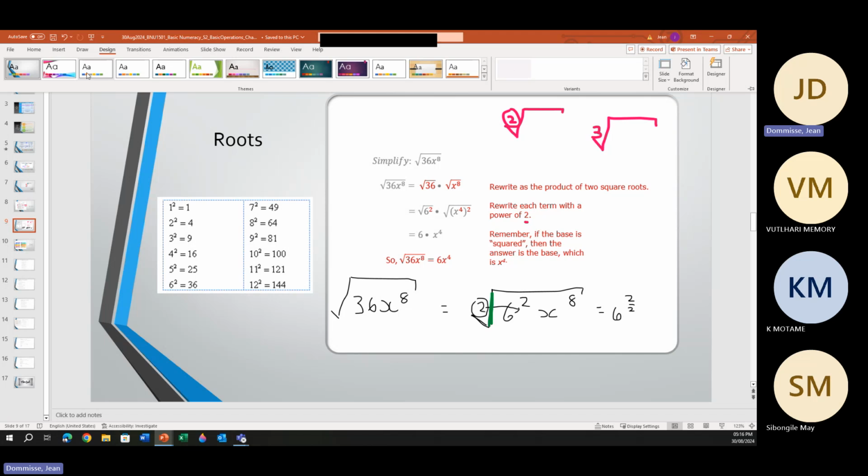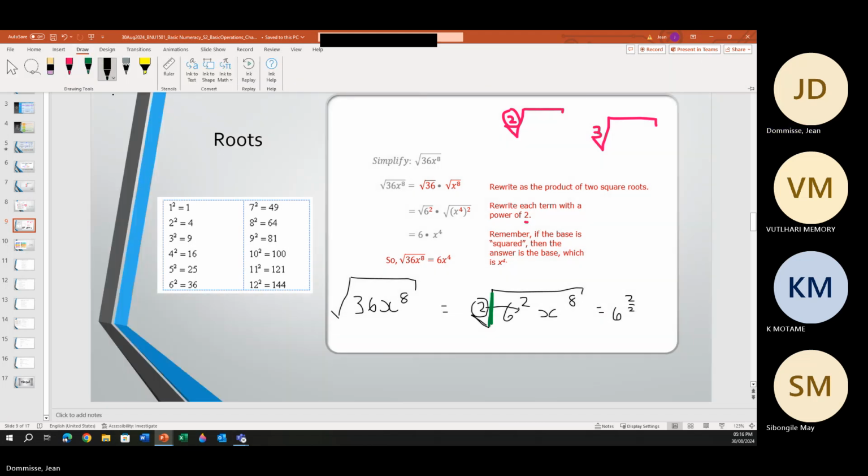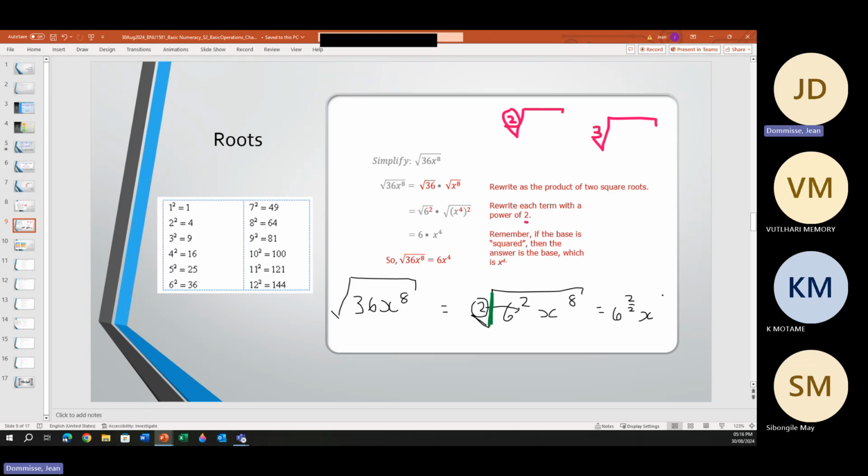Then the same on the 8, 8 divided by 2. So x 8 divided by 2. Sorry about that.